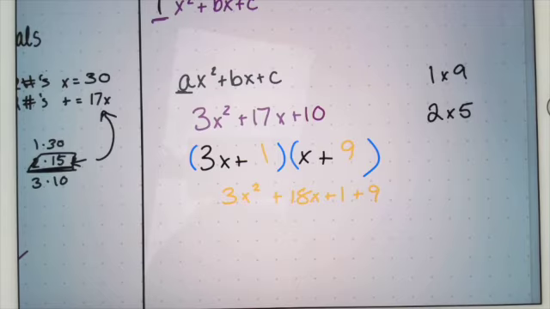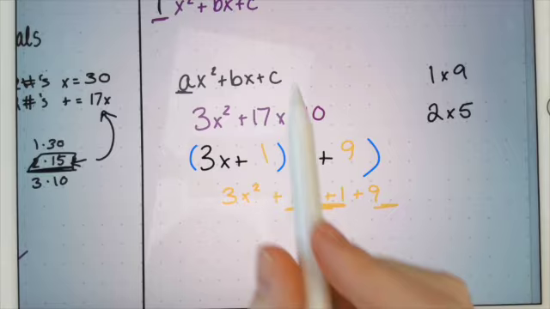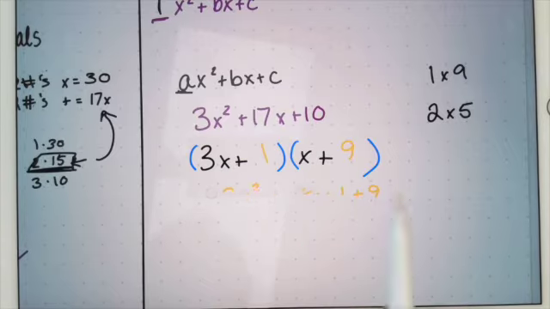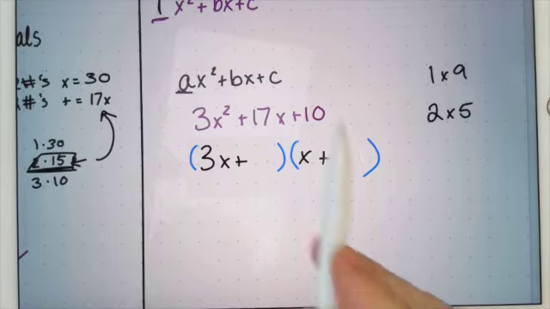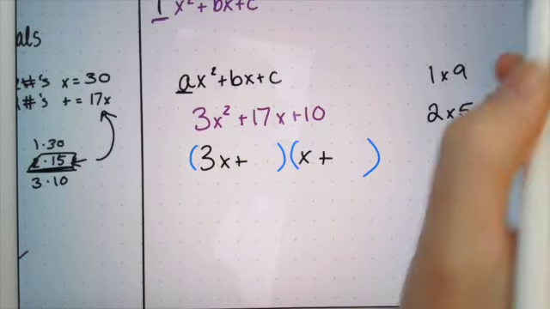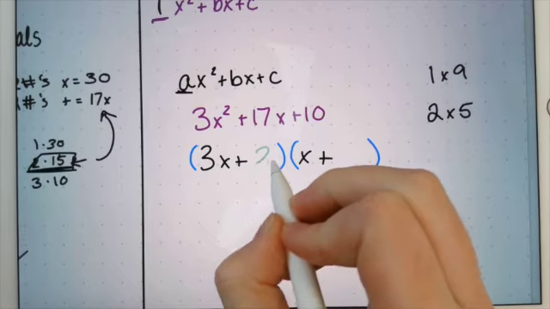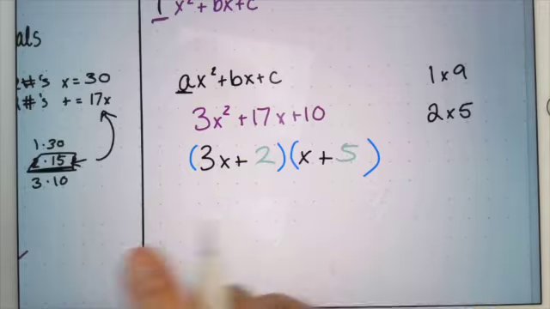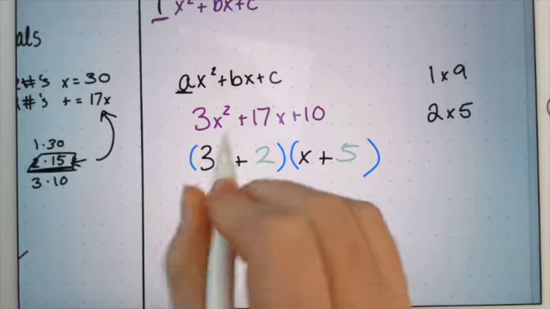So that doesn't work because I don't get a 10, and because there's no positives and negatives, I'm not going to get that value. If you were looking for a positive or a negative in your product, then these numbers might work. However, what I really need to check now is that 2 and 5 works here. So I'm going to plug in the 2 and the 5, look for common terms, and double check my work.